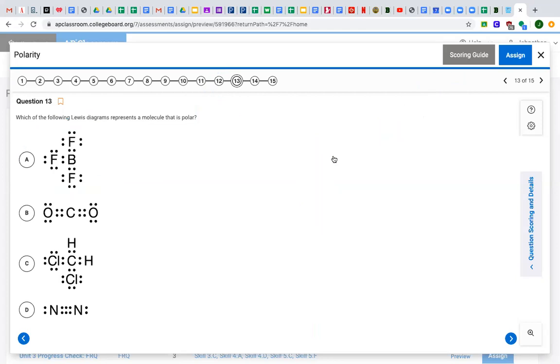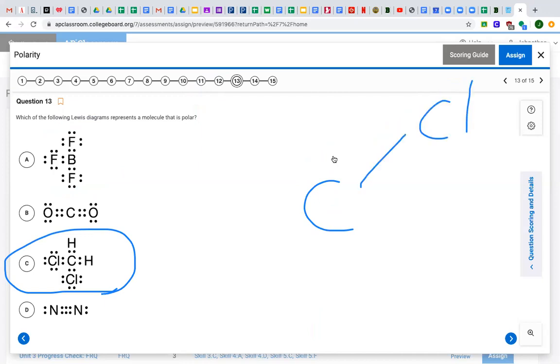So that is not a polar molecule. So the only one that can be polar here is C. And we have to represent that this way. So we'll use our pseudo 3D diagram, right? We'll have our two Cls in the plane of the board. And then we'll have one H going back out, and then another H coming out toward us.